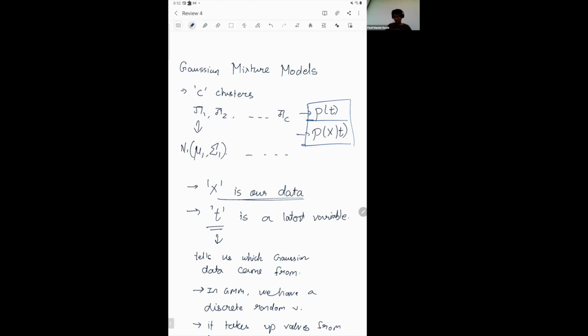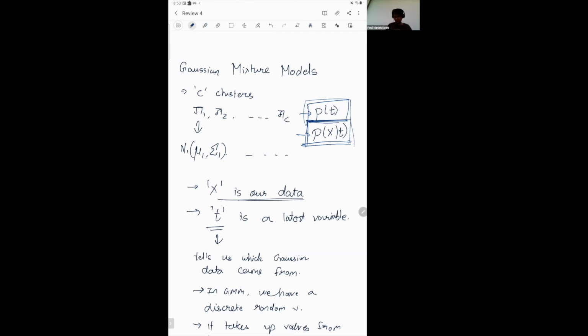So in a Gaussian mixture model, we have P of T as a categorical distribution and P of X given T as a Gaussian. Since we are fitting a Gaussian mixture model, this comes from the definition of exactly what we are trying to do: a distribution over your latent variables, and then how you see X from it.